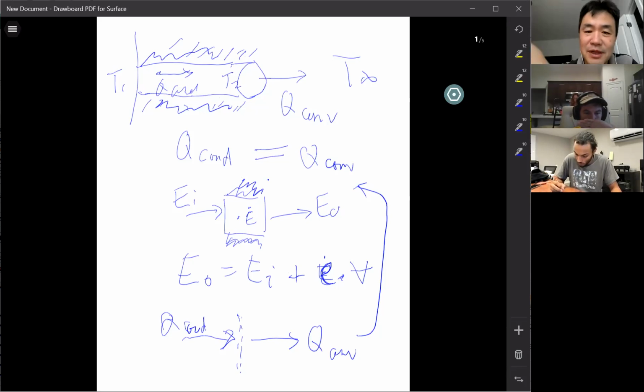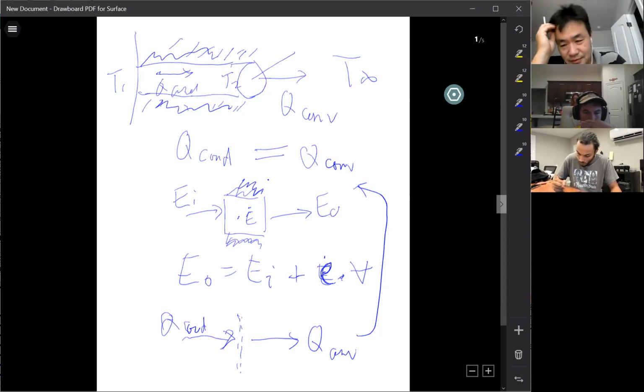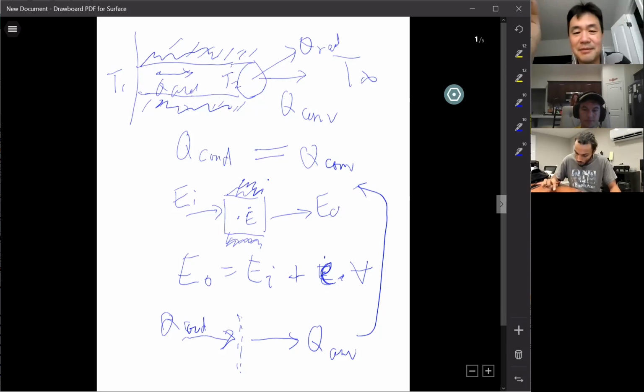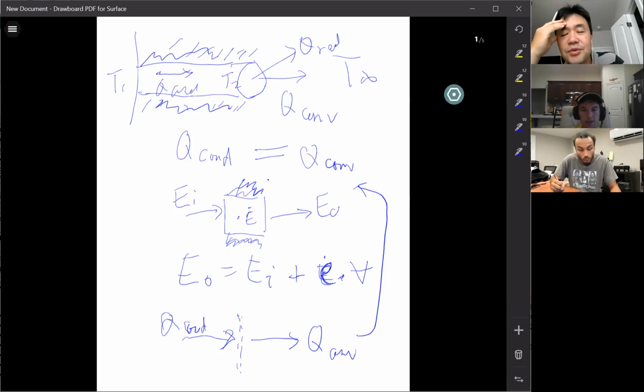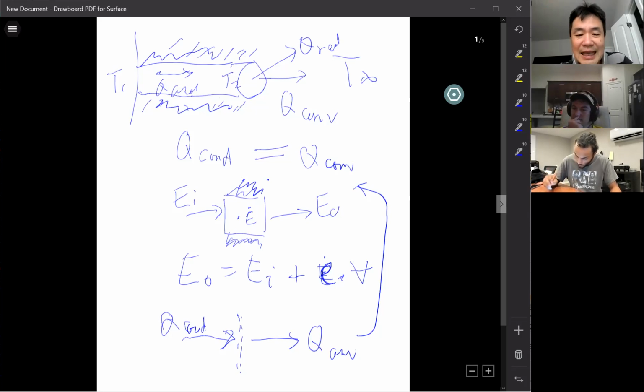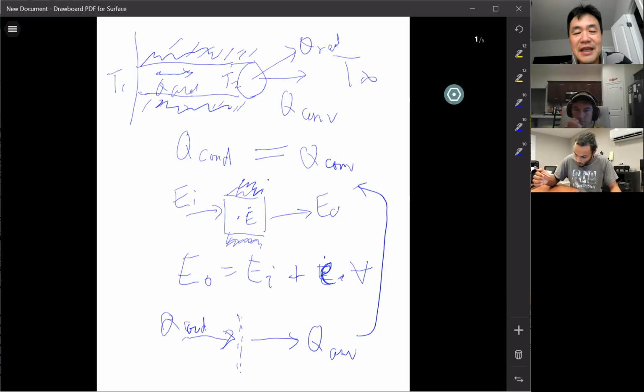But what if there's radiation going out also? Q radiation, although you don't know the equation yet, but it doesn't matter, there's a heat transfer, there could be a value of radiation. Then in that cross section, what is the in? Heat transfer in is just the conduction.